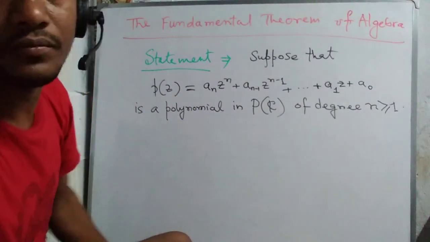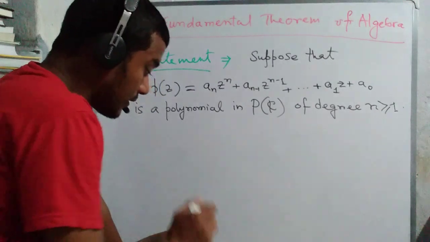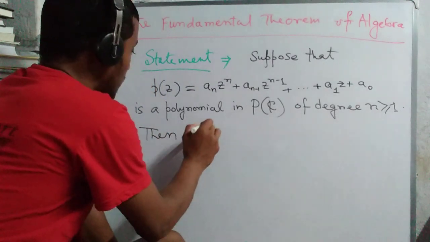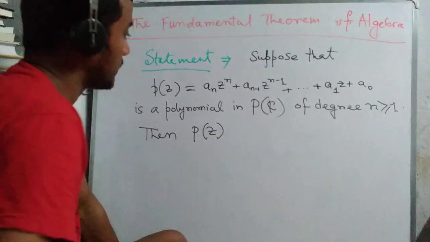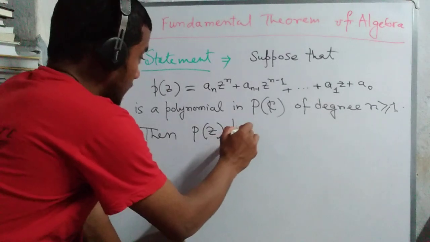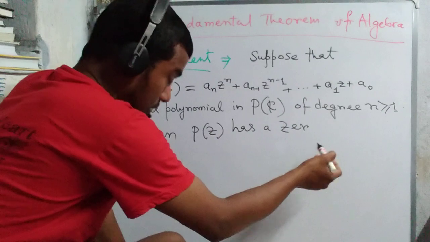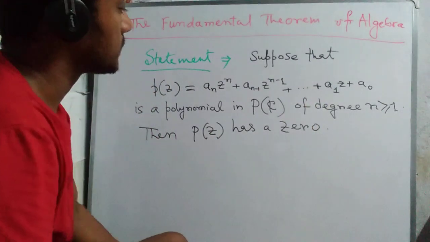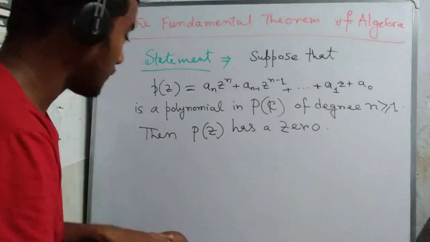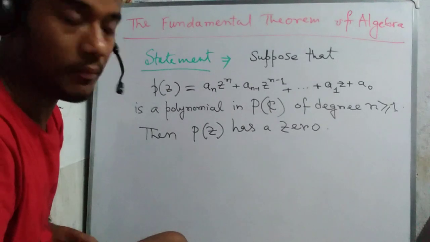Then, the conclusion: p(z) has a zero, that means p(z) has a root. So we have to prove this important theorem.